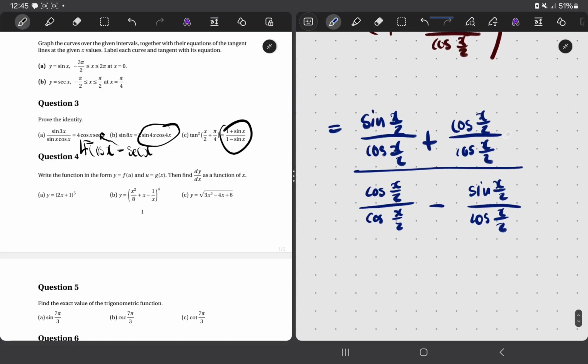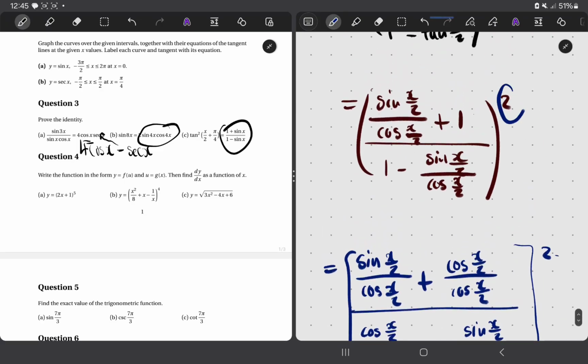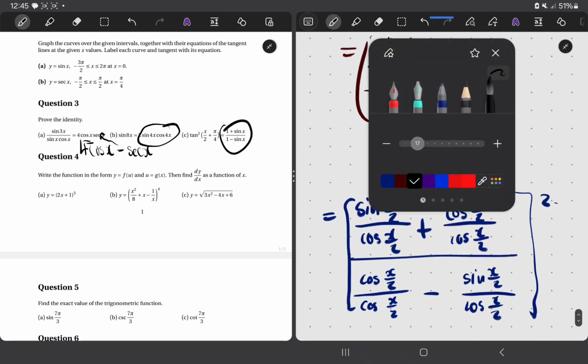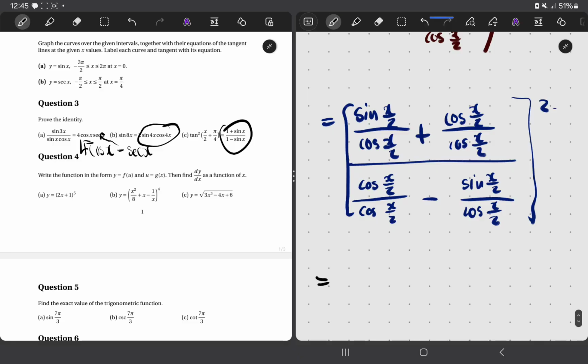Okay, this part, you see, and this whole thing is squared. Don't forget the squared. We are just making them the same. This one, we are changing it so that we can combine the fractions. We want to have one thing. So since they're now having the same denominator, we can just put it once to say cos x over 2.